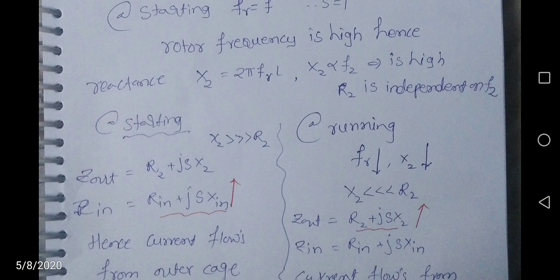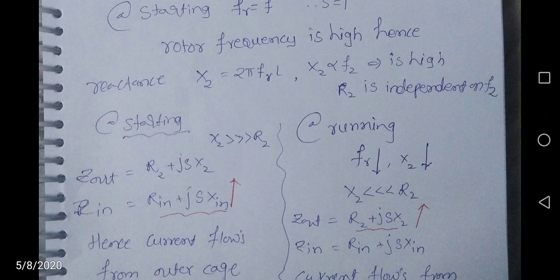At starting, rotor reactance is much greater than the resistance. Z_out equals R2 plus jsX2.